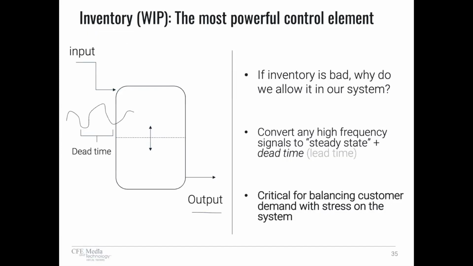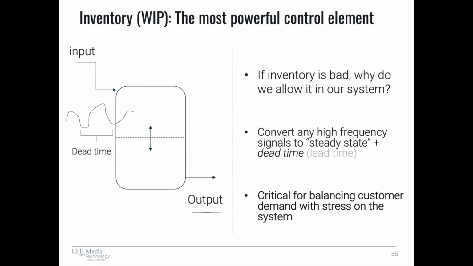And the question is, well, then why do companies love to use work in process and hold so much inventory? Well, it has an extremely powerful benefit in any system, in that it can absorb any sort of high frequency shock from the outside, shown here by this input.